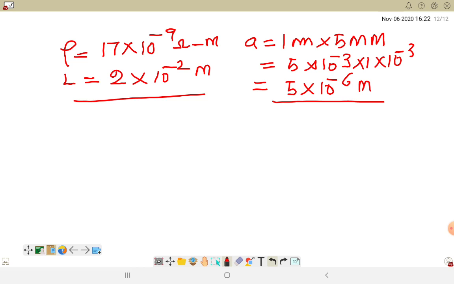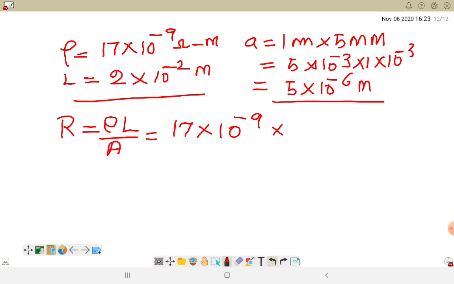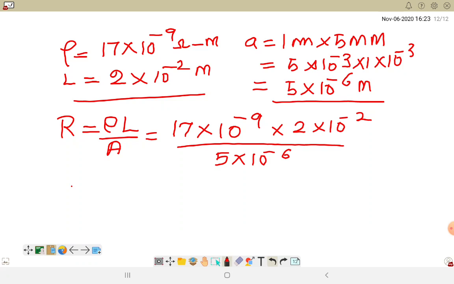So what is the equation to find out the resistance? R equal to rho into L by A. Now I have to substitute the values here. 17 into 10 power minus 9, L is 2 into 10 power minus 2, divided by 5 into 10 power minus 6. That is equal to 17 into 2 divided by 5 into 10 power minus 11 plus 6.